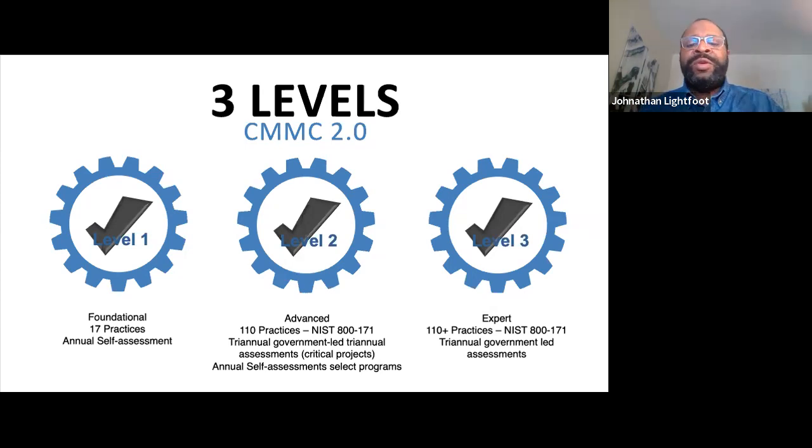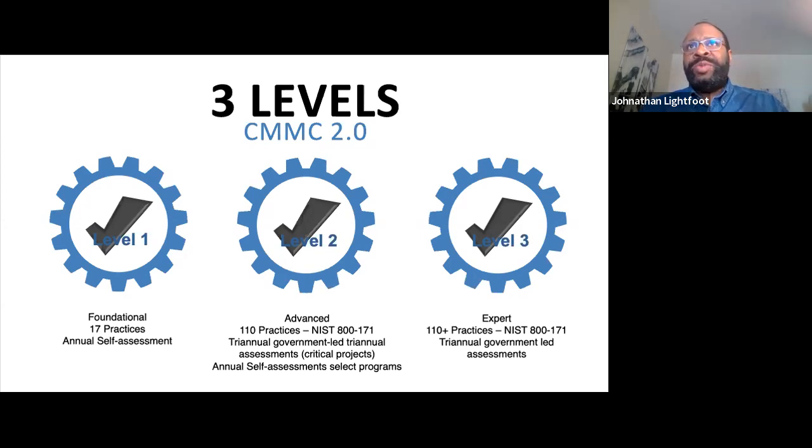And the final new level is level 3. Level 3 is the expert level. This is like the old level 5. For this one, there are again the 110 practices from NIST 800-171, as well as, I want to say, NIST 800-172, I believe it is. I can't remember exactly off the top of my head, but they're getting additional requirements, making it a lot more stringent.